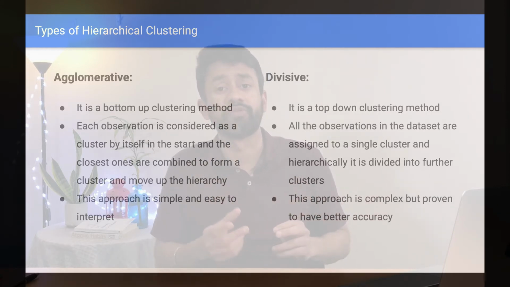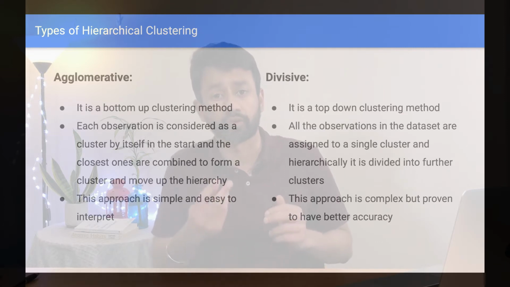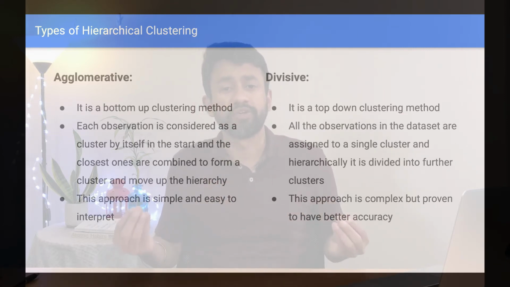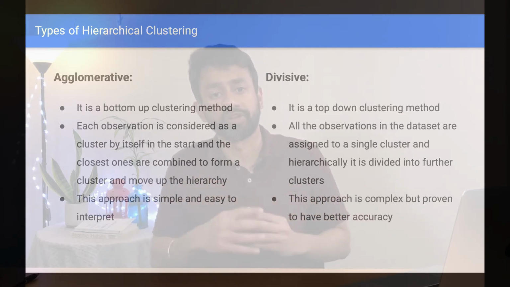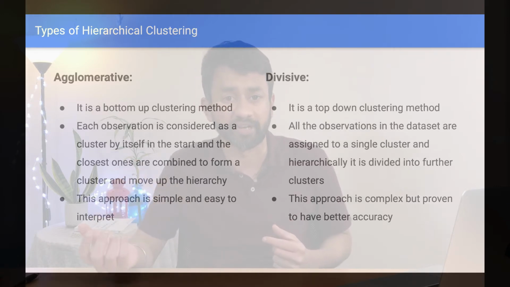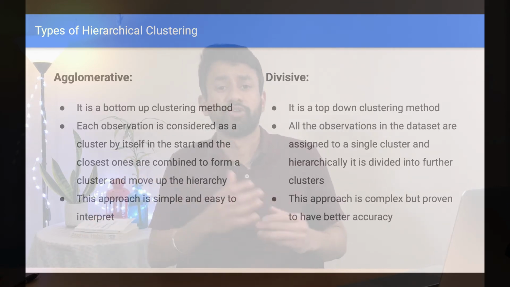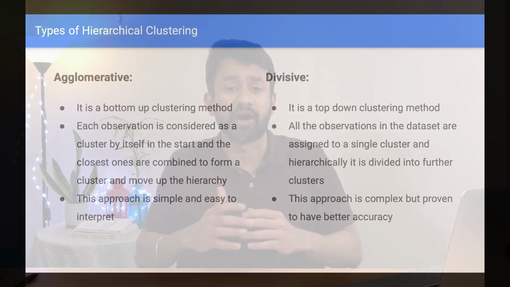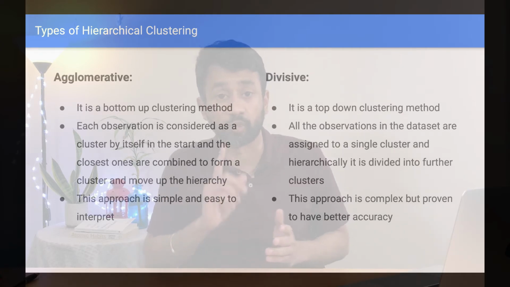We identify the two observations that are closest to each other and combine them into one cluster. Next we repeat this process, identifying again two clusters that are closest to each other. We continue this process until all the observations become one cluster.